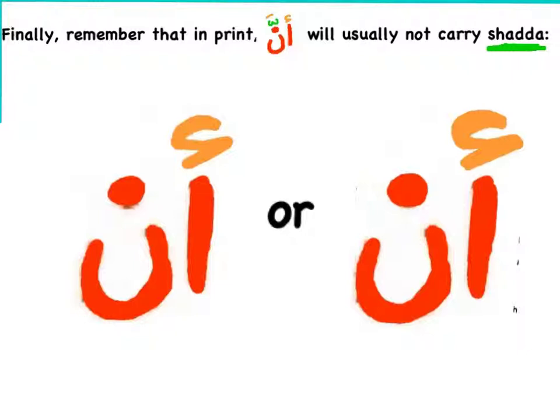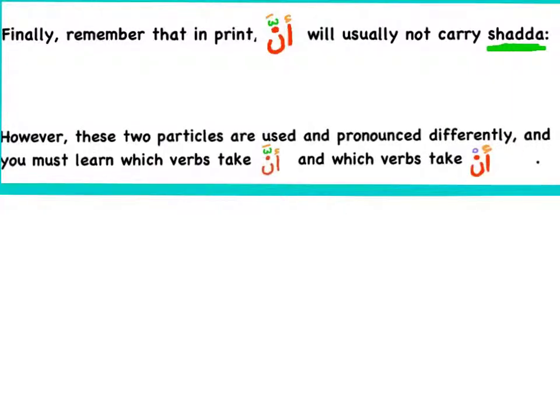Huge. It's not a hint, it's like yelling the answer at you as to what it is. And since these two particles are used and pronounced differently, you have to know which verb takes which. The verbs that come before أن or أنّ, because they follow verbs. Whatever comes after them is different, but before they both have verbs.